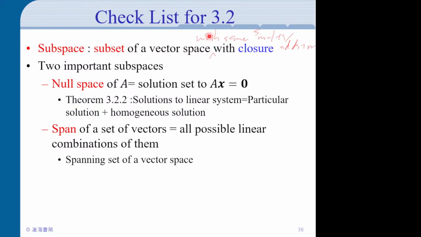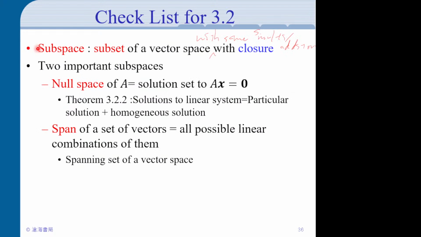If it satisfies closure, then we call it a subspace, because it will also be a vector space. We have a small theorem that says if you satisfy closure, then the other 8 axioms will also be satisfied.